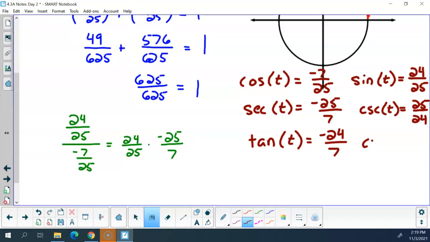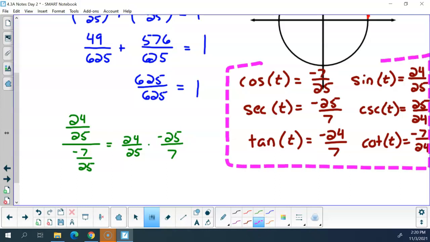Which means then that the cotangent is going to be negative 7 over 24. Those are your 6 trig values. Yes?